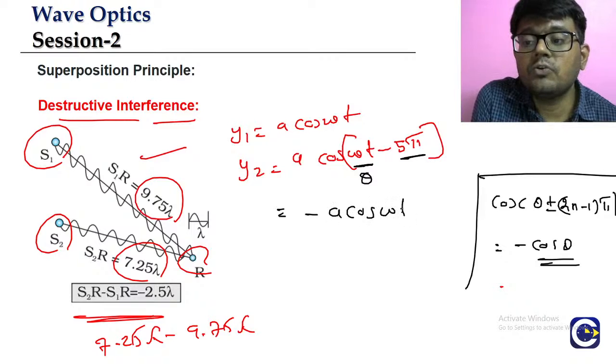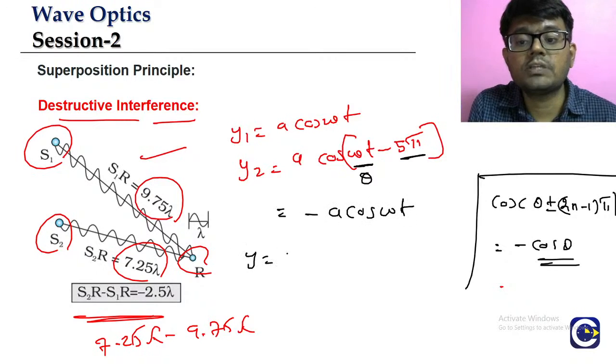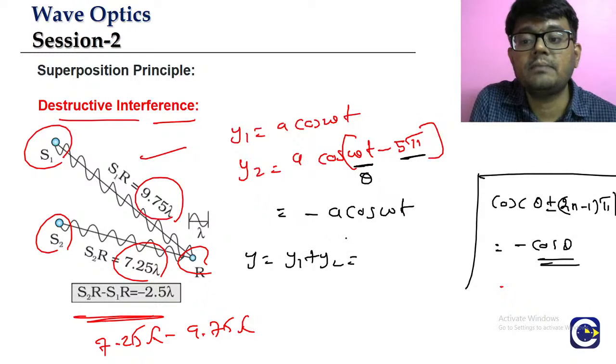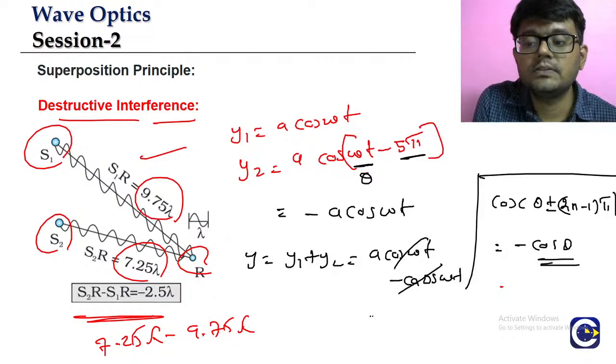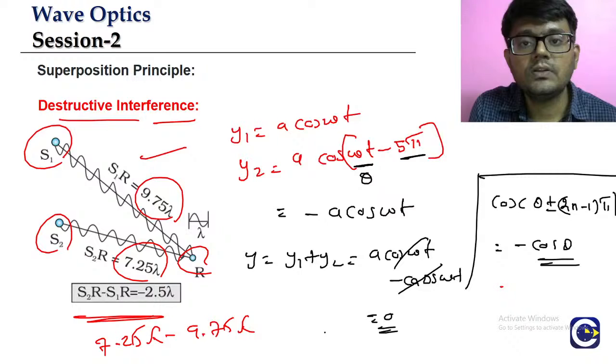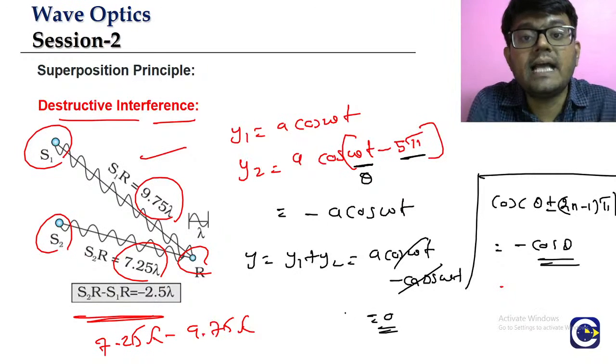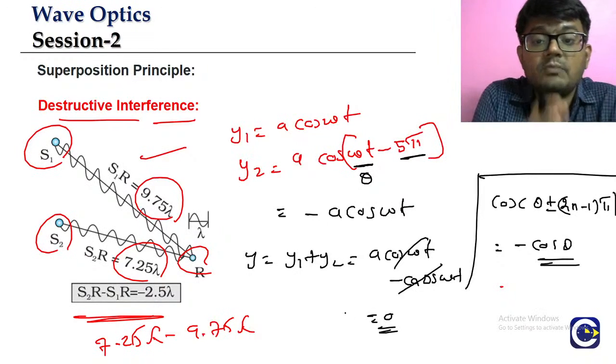A cos omega t. Now when you add both of them, y1 plus y2, A cos omega t minus A cos omega t, what will we get? They are completely cancelling each other. Why are they able to completely cancel?